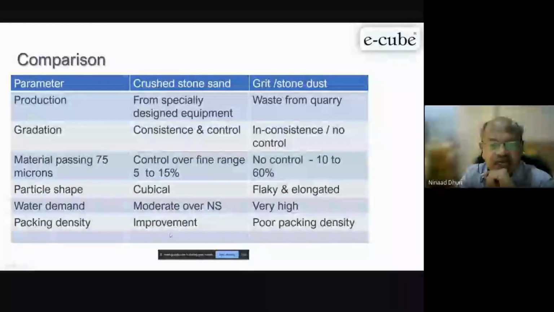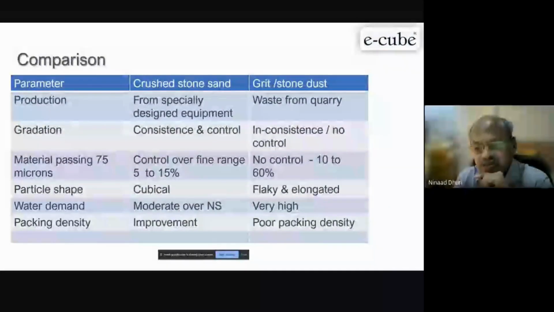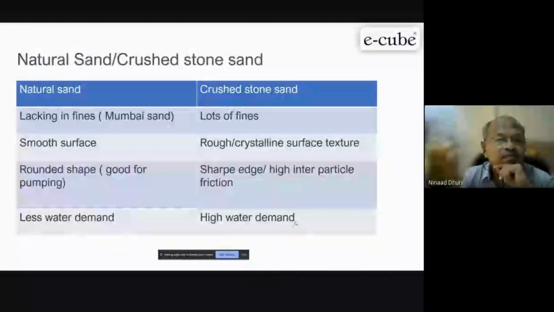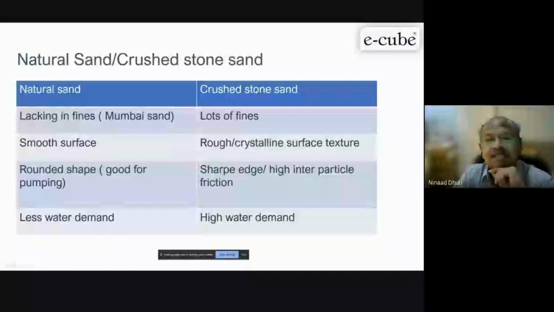Packing density you can improve here, and there it is poor, because we have got coarser material and also very fine material. So we don't get good packing density, and then you have to use more cement.